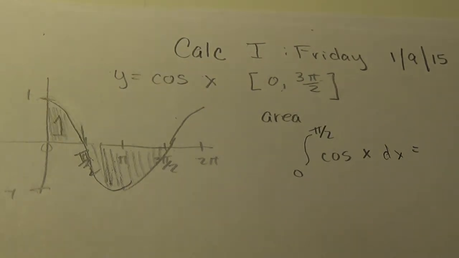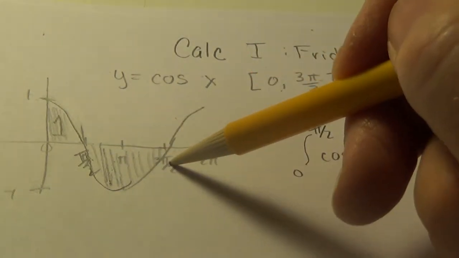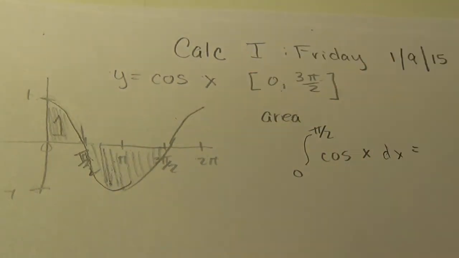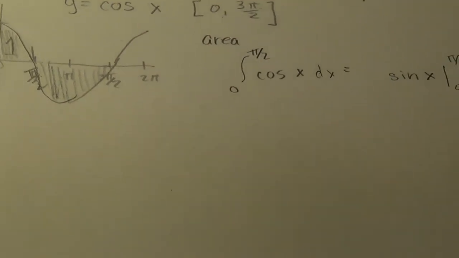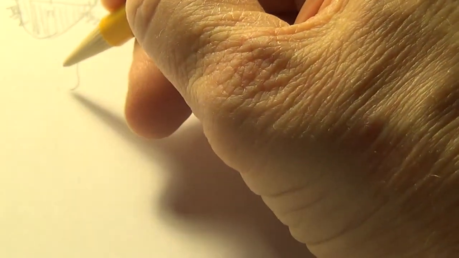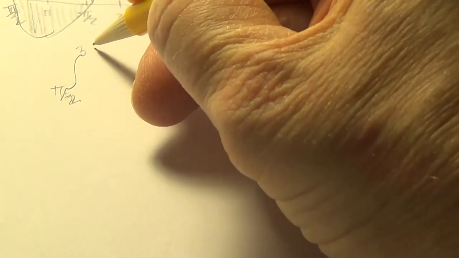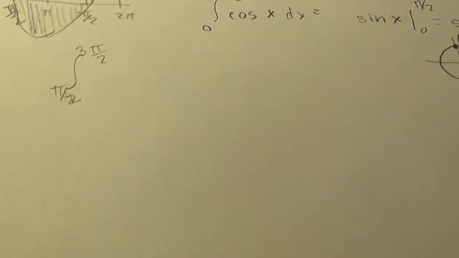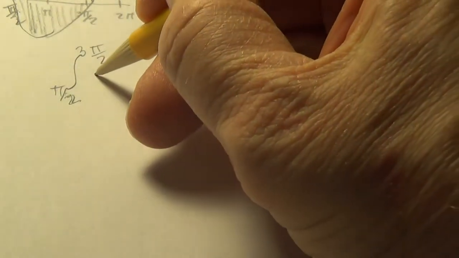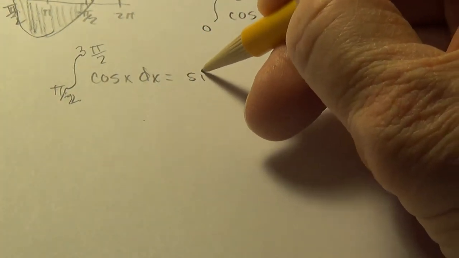So let's go ahead now and see what happens when we crank out the integral from pi over 2 to 3 pi over 2. So I'm going to do the same sort of thing, except I'm going to use the integral from pi over 2 to 3 pi over 2. And again, it's the cosine curve. We already discussed what the integral is, and that is the sine.